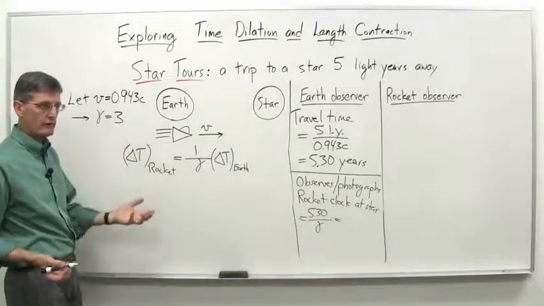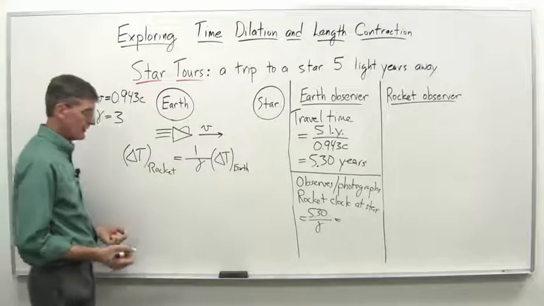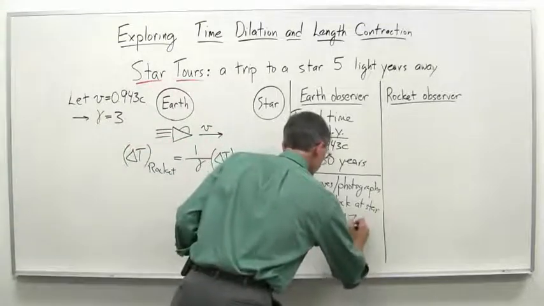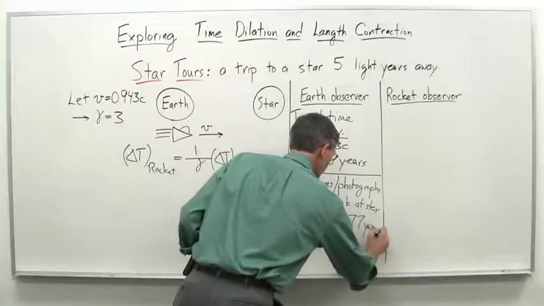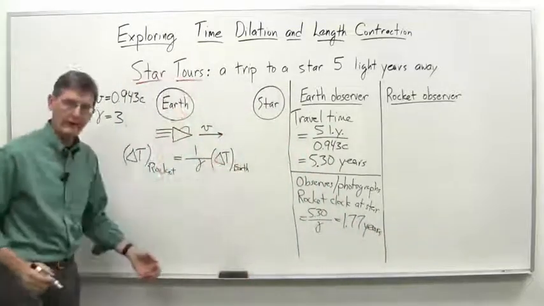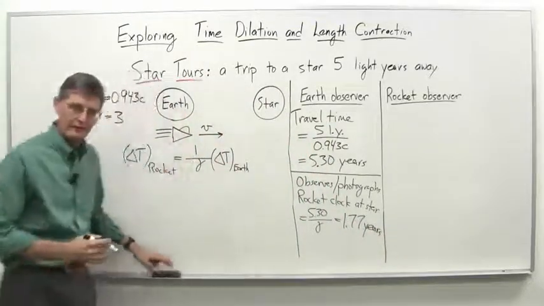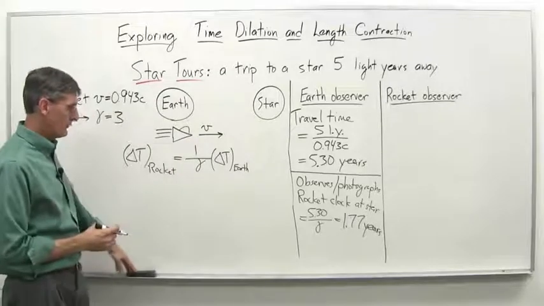And if you do 5.3 divided by 3, you get 1.77 years. Of course, I've worked out the numbers beforehand, so I can't do that in my head automatically, but just remember the numbers we're using here.